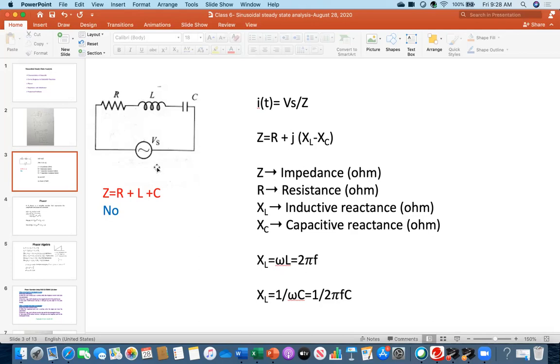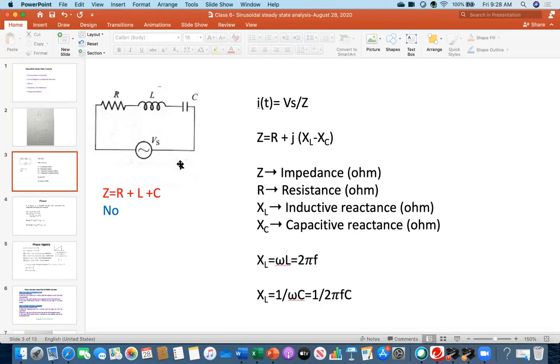And it is not the transient. It is not like, okay, a transient happens or at steady state the inductor becomes short circuited and the capacitor open circuited. That will not happen in an AC circuit. In an AC circuit, the inductor and capacitor will always be present as they are. They will not be shorted and will not be open.